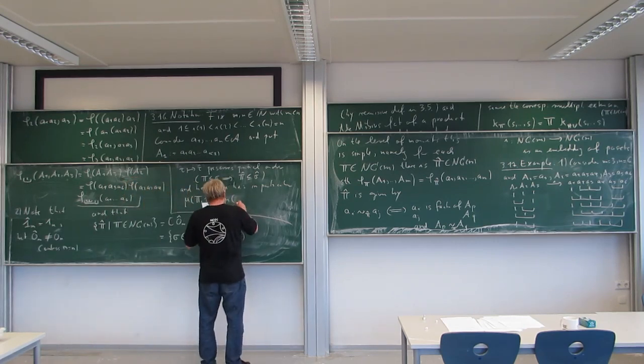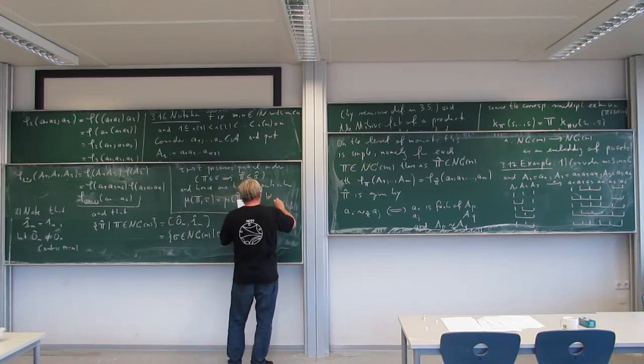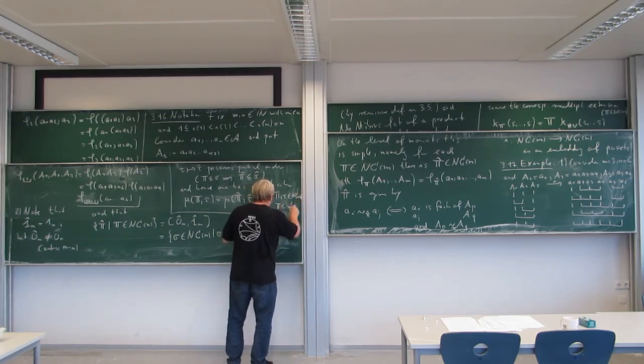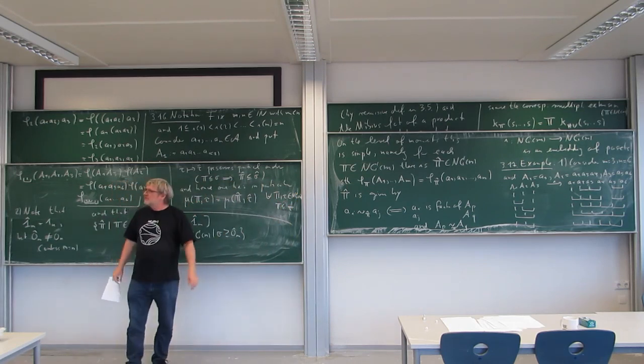So this is the same as the Möbius function of pi hat and tau hat. This is for all pi and tau in NC of M. Of course, pi should be less than tau, otherwise the Möbius function has no nontrivial value.